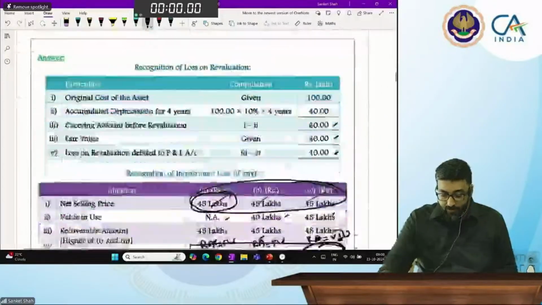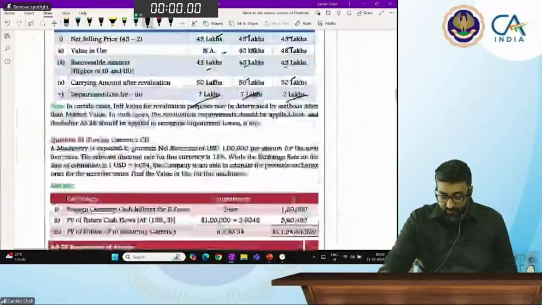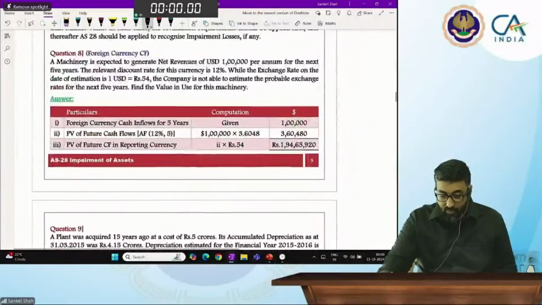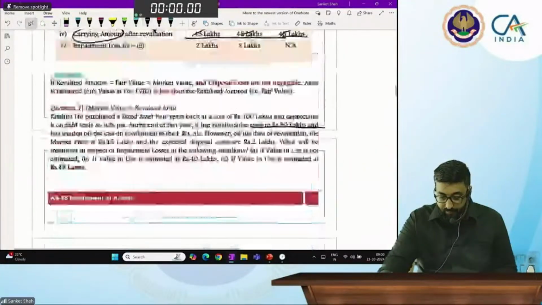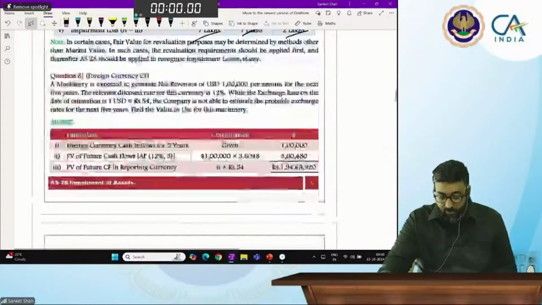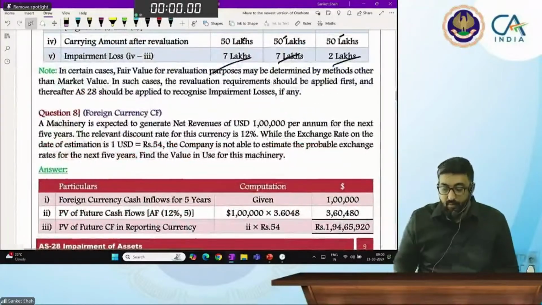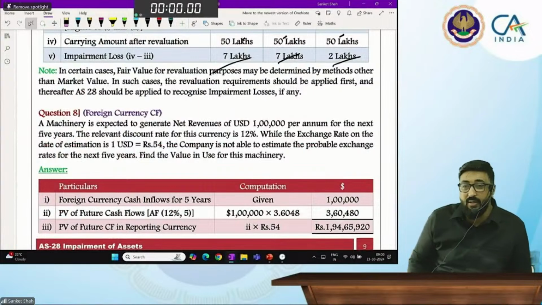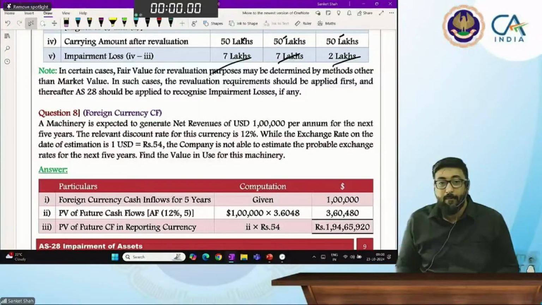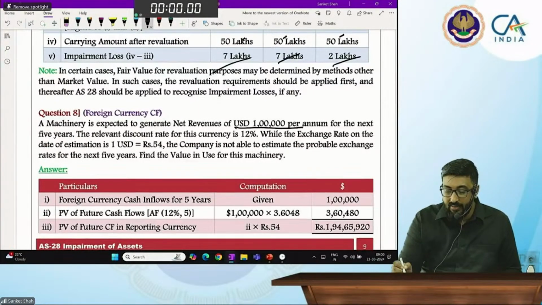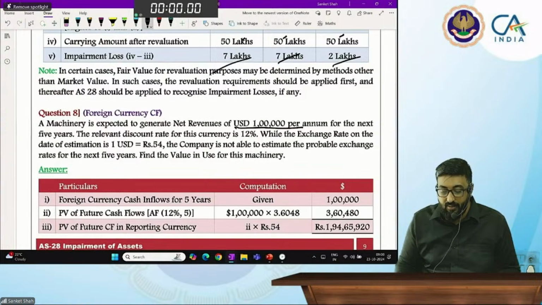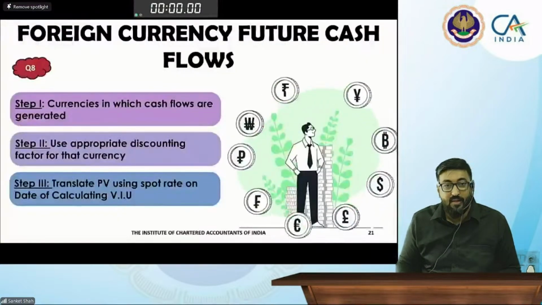On this. Question 8. No, 8. We have finished up to 7, no? Ji. Very simple question, foreign currency. In dollar, 1 lakh per annum for next 5 years. Discounting rate is 12%. And $1 USD is 54. So what is the first step?